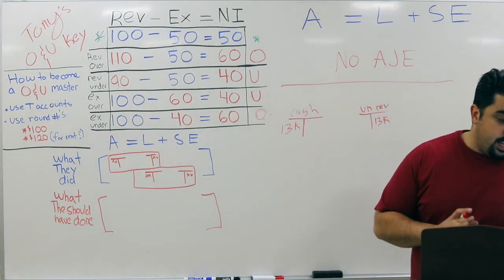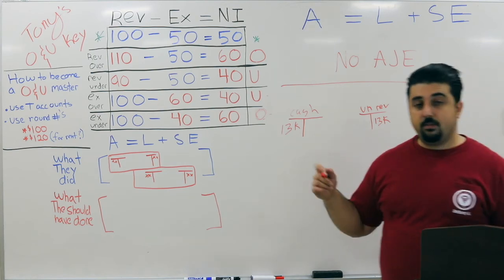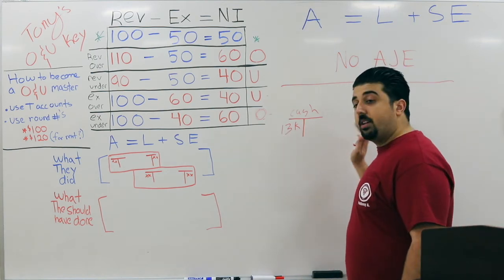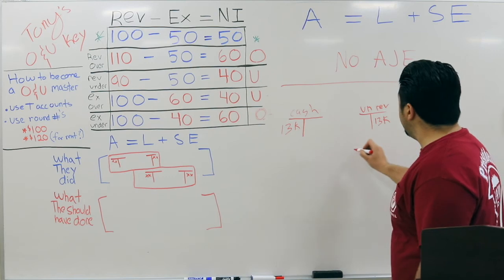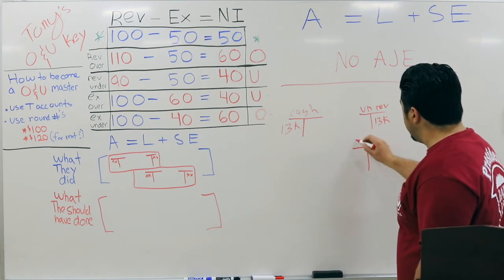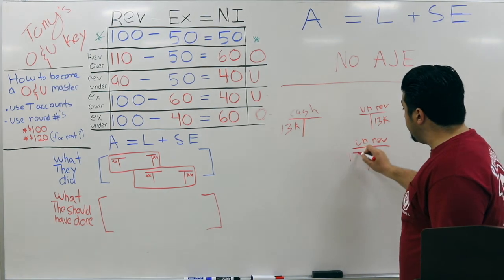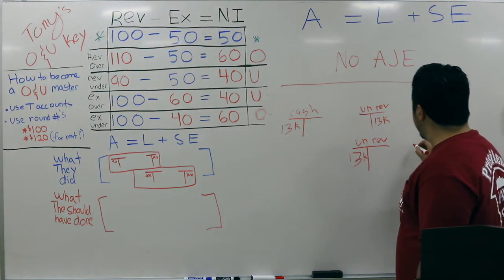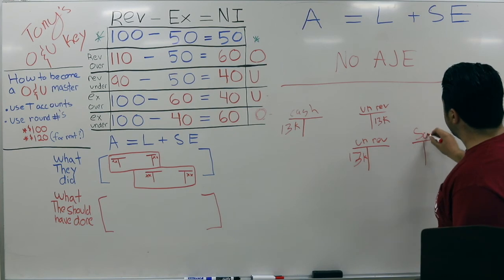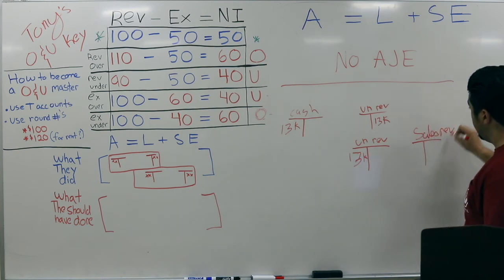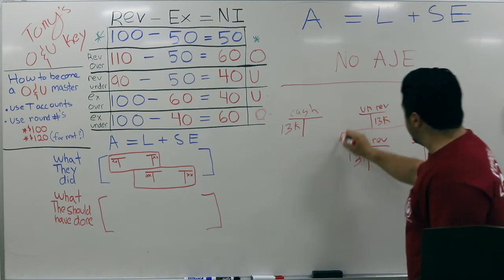So they're saying by November they fulfilled all their obligation. So they forgot to do this part. They forgot to reduce unearned service revenue by 13K and recognize sales revenue by 13K.